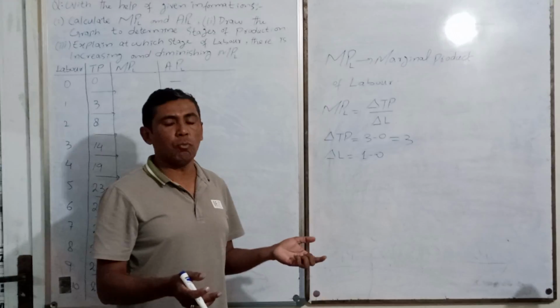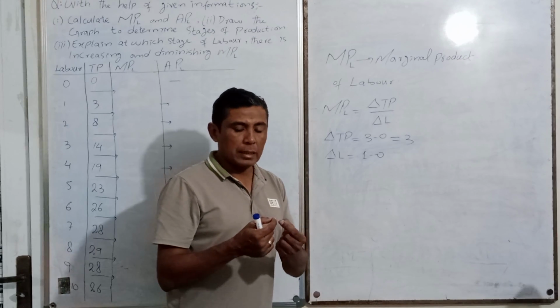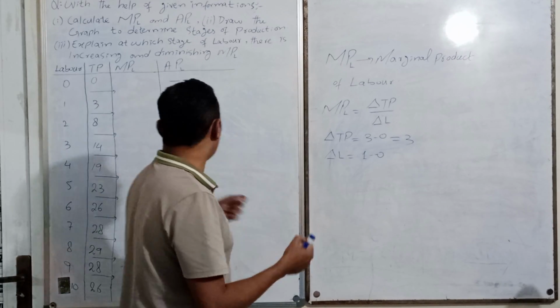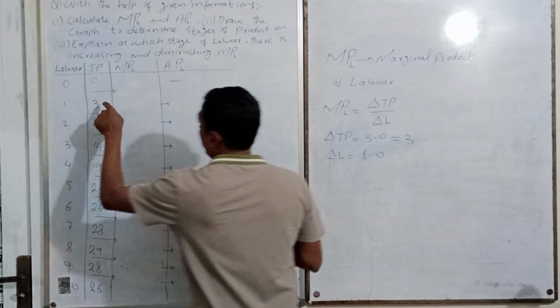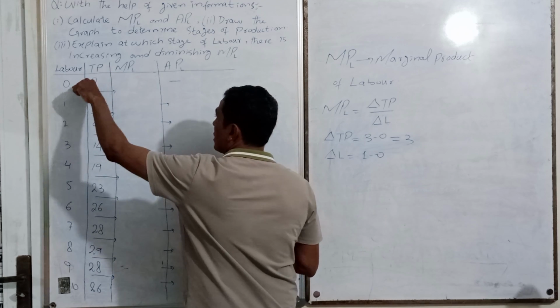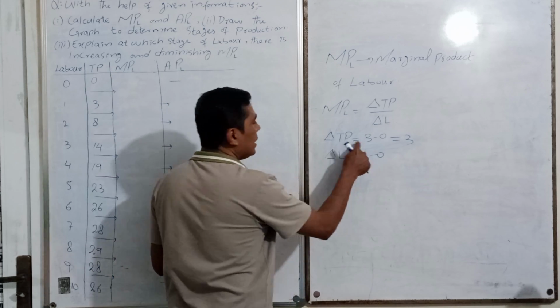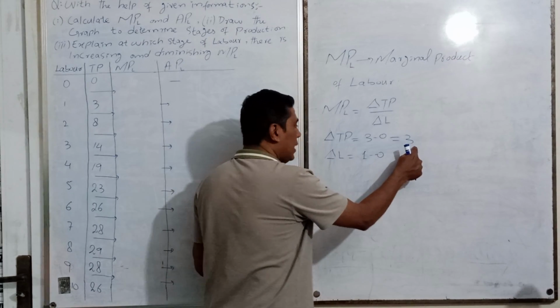Whenever we want to take change, there is a basic concept of mathematics: we always take the change between two consecutive values, final value minus initial value. So the change in total product, 3 minus 0, equals 3.